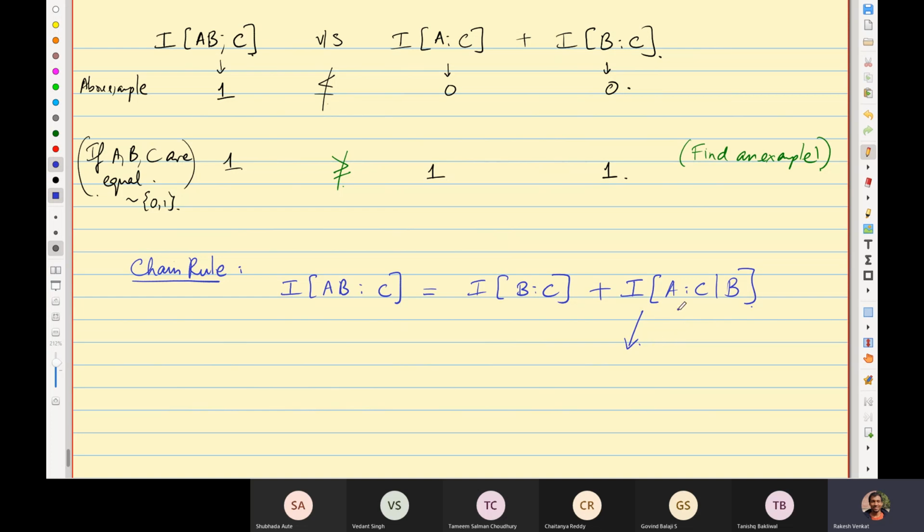Whenever in information theory you have conditioned on something, it just means the expected value over the distribution of this random variable that is conditioned on, of the mutual information of everything which is conditional. So take the joint distribution of A and C conditioned on B being some fixed value.